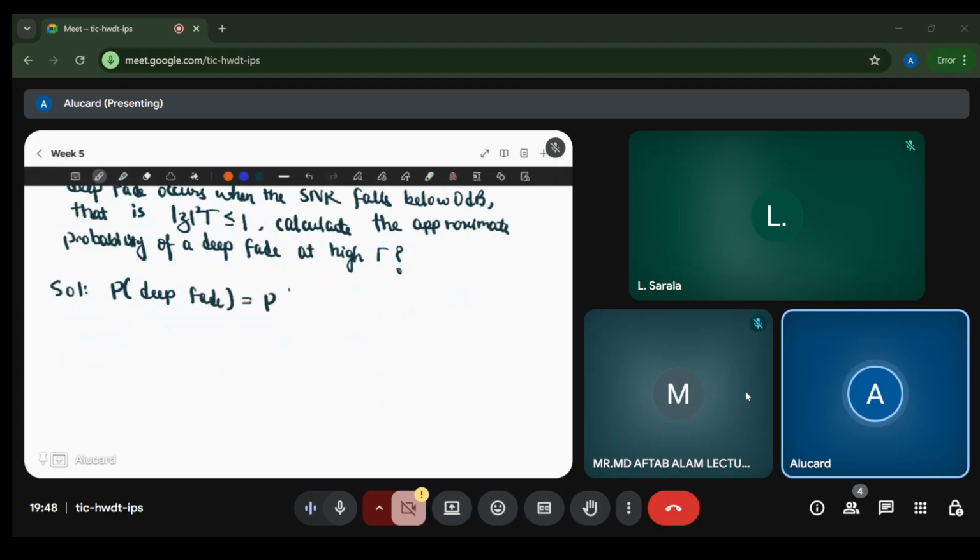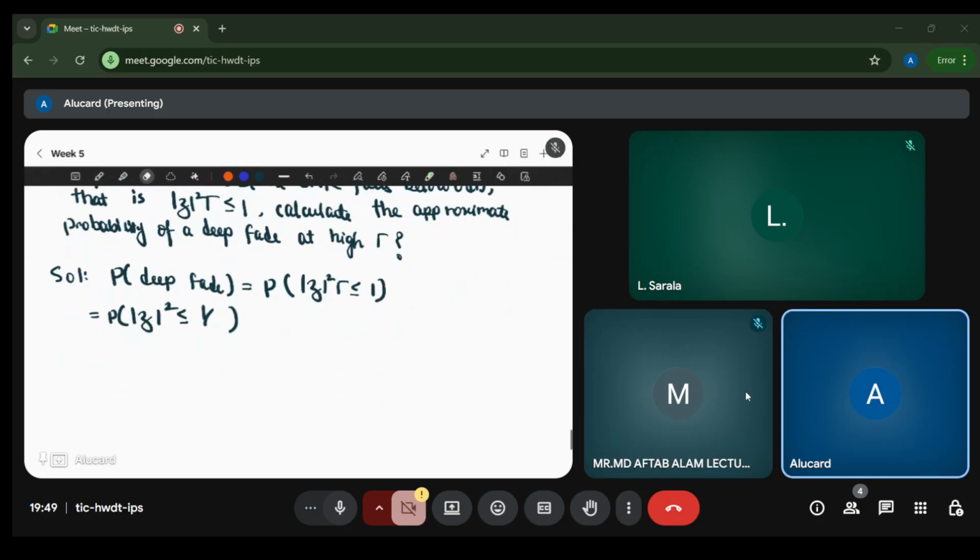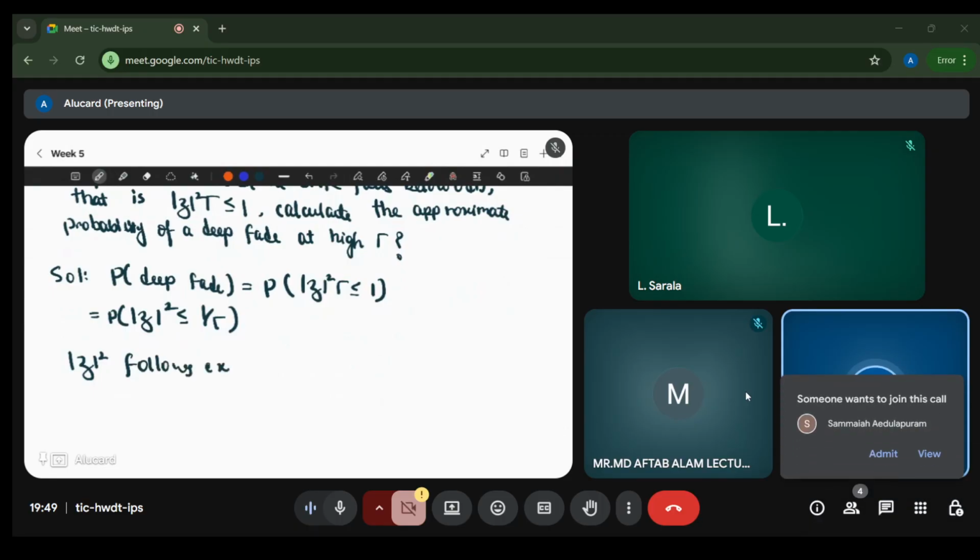Probability of deep fade is the probability that mod Z square gamma is less than or equal to 1, which is the probability that mod Z square is less than or equal to 1 over gamma. Now mod Z square follows an exponential distribution.